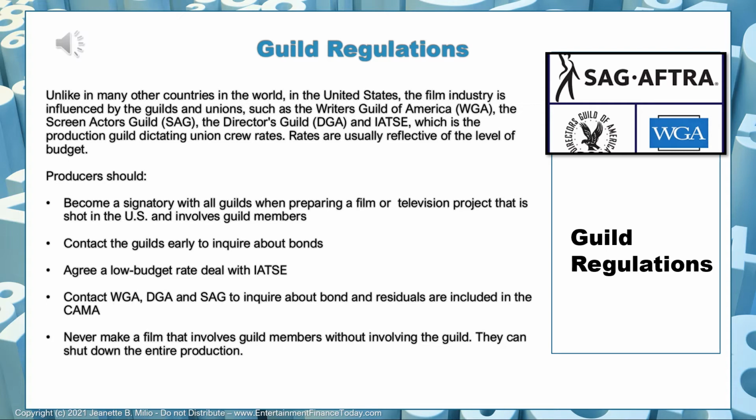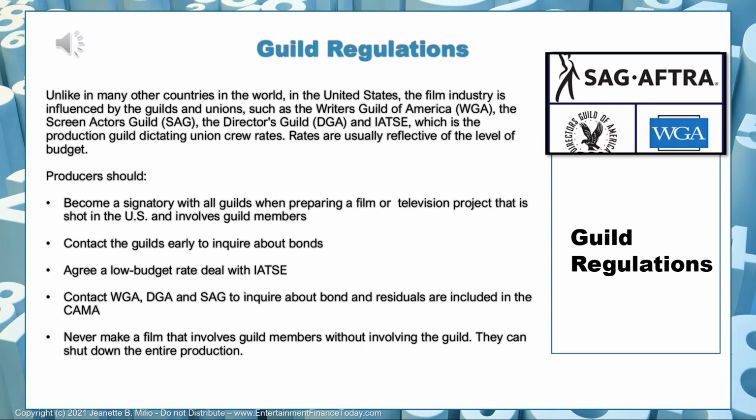And if you have a writer that is part of the Writers Guild of America, then the Writers Guild would be applicable as well. You don't have to have a Writers Guild writer, by the way. You could have just a great writer, but if the writer that you are using is WGA, then that guild would be involved. IATSE is the general production union that regulates the rates you're paying to union members, like your crew.